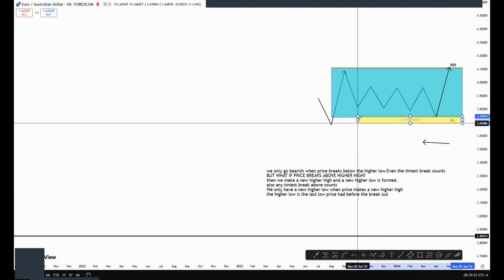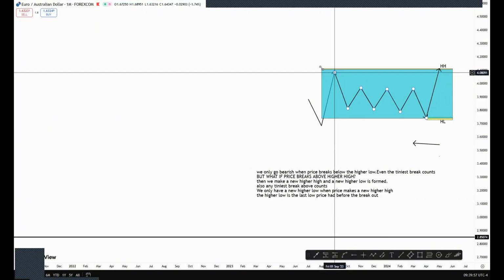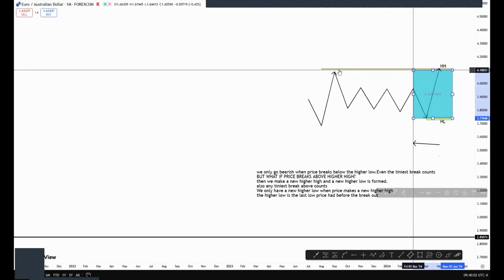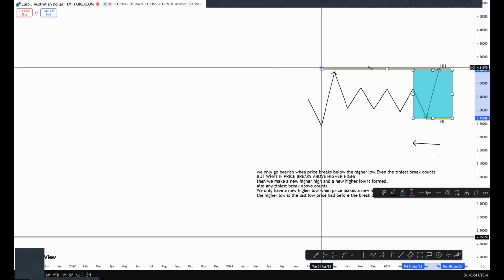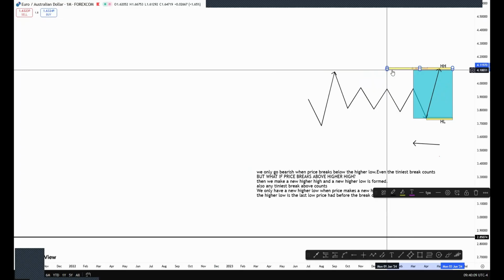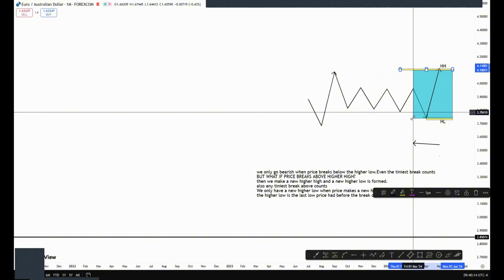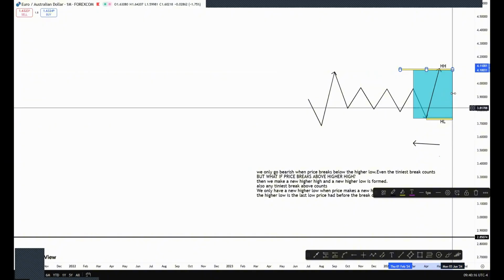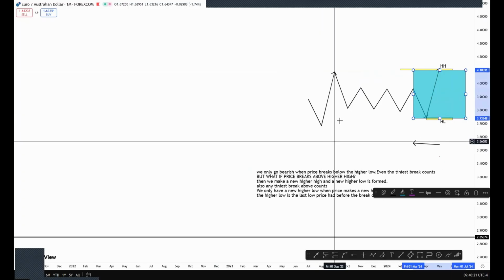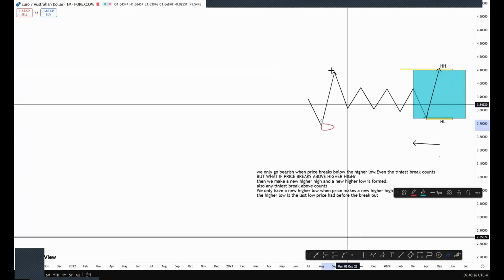And now, since we update our level to this point, we can see how I'm also moving with my rectangle box, you see? Meaning the only thing I'm worried about now is what price will be doing within this box, not what price did around this level or this previous higher low or this previous higher high.